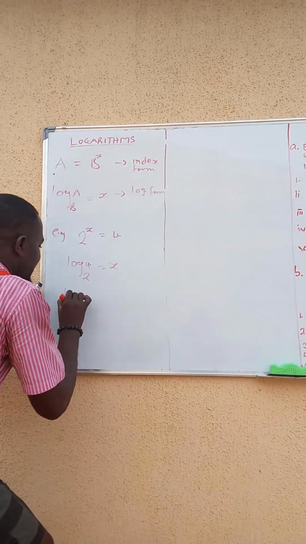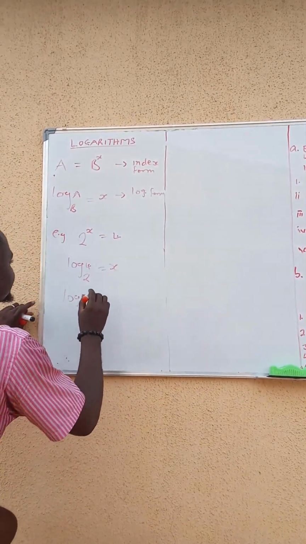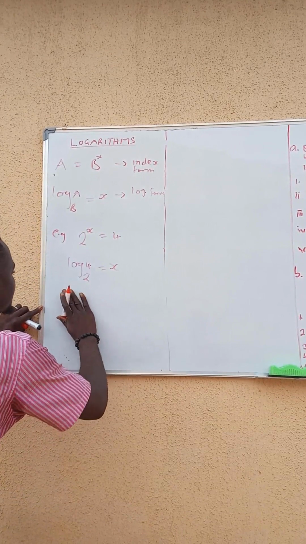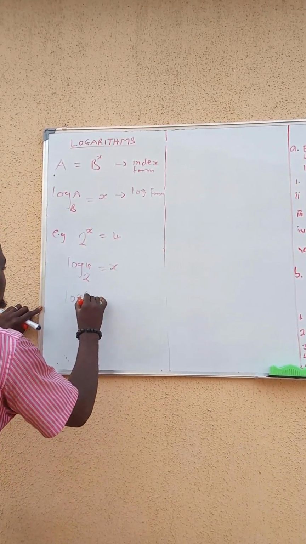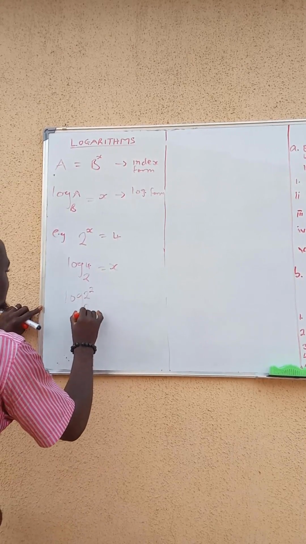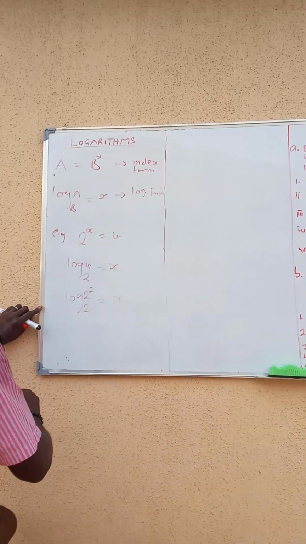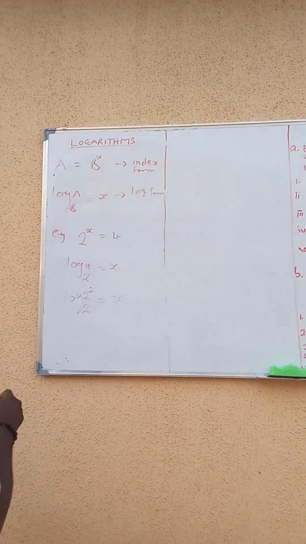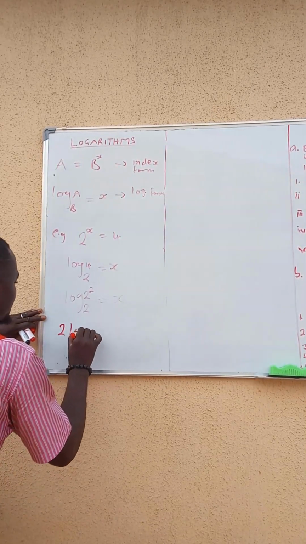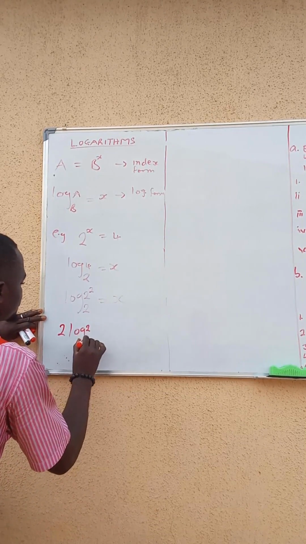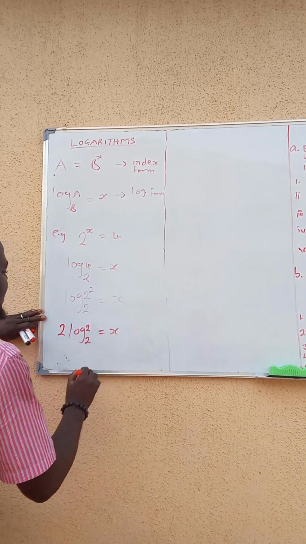which still implies that log 2 raised to the power of 2 base 2 equal to x. And in this form, this can still be 2 log 2 to base 2 equal to x.